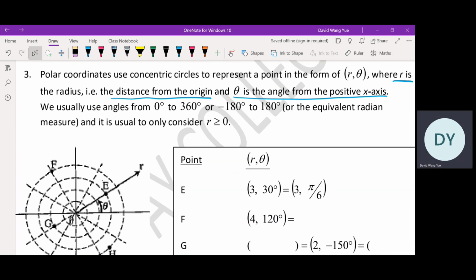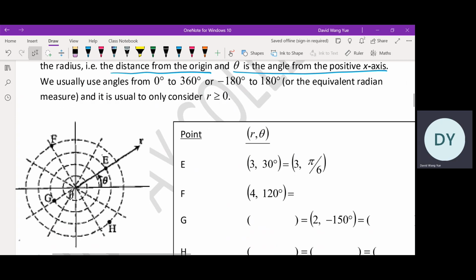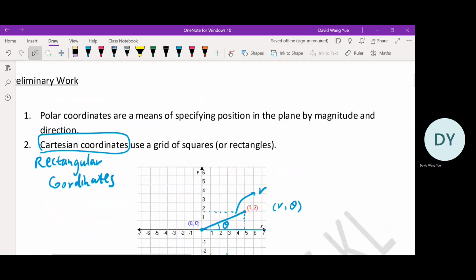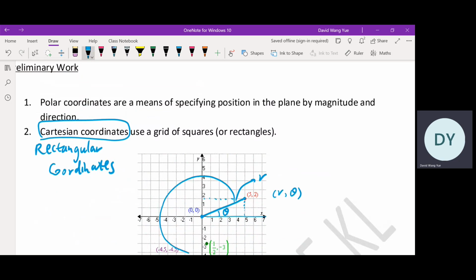Now, as you know, the theta can be any value, because if I go 360 degrees, then it still represents the same angle, right? It can be theta, it can be theta plus 360 degrees, theta minus 360 degrees.